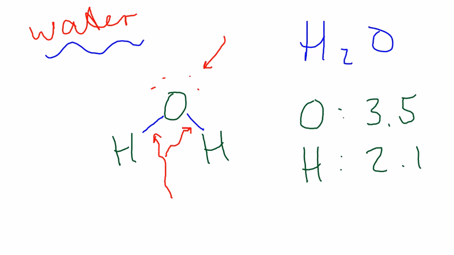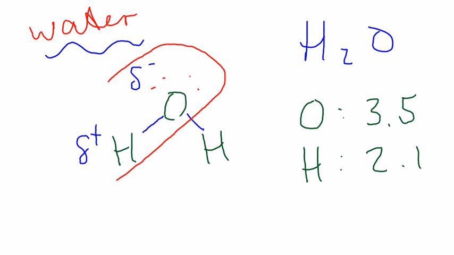What that's going to do is give oxygen what we call an acquired charge, a partial charge. So in reference to this bond right here, this oxygen and this hydrogen, since oxygen has more electrons around it more of the time, that gives it what we call a partial negative charge.